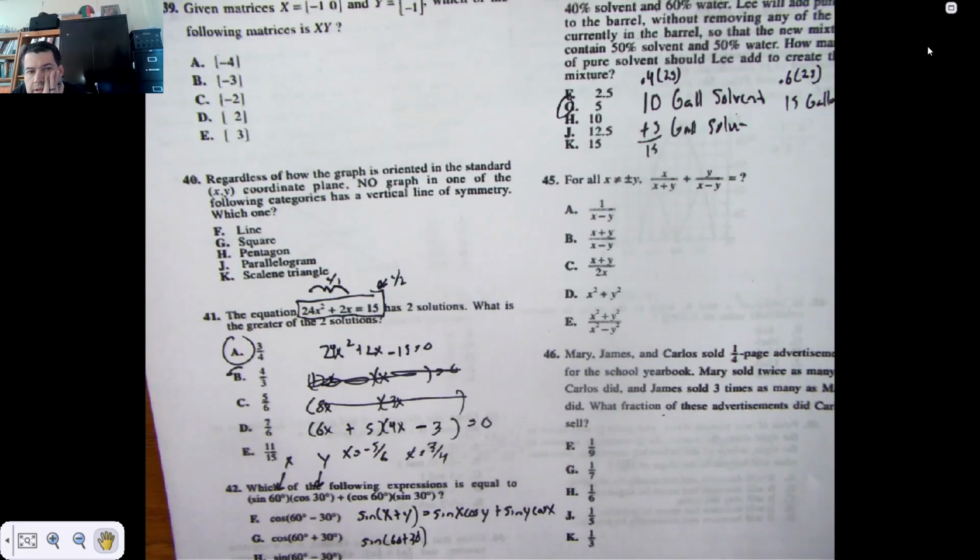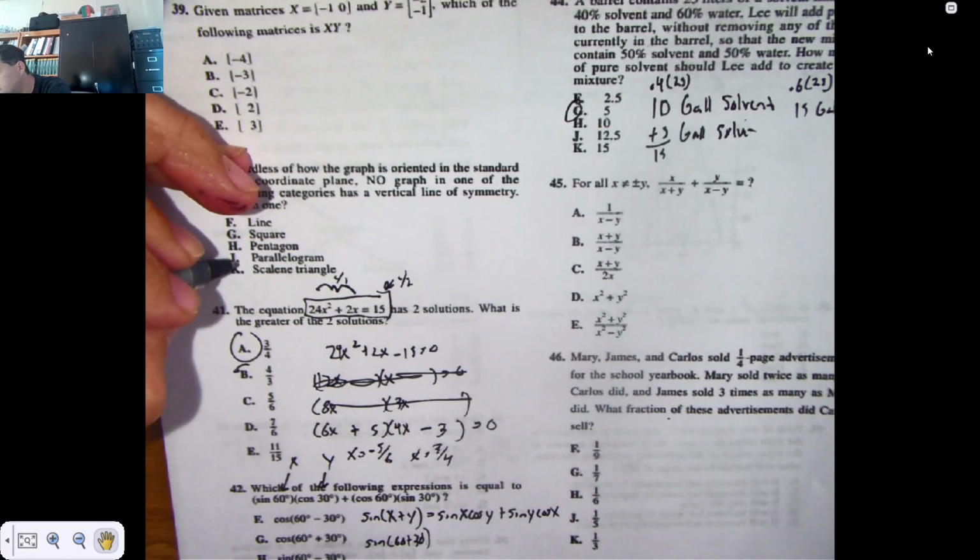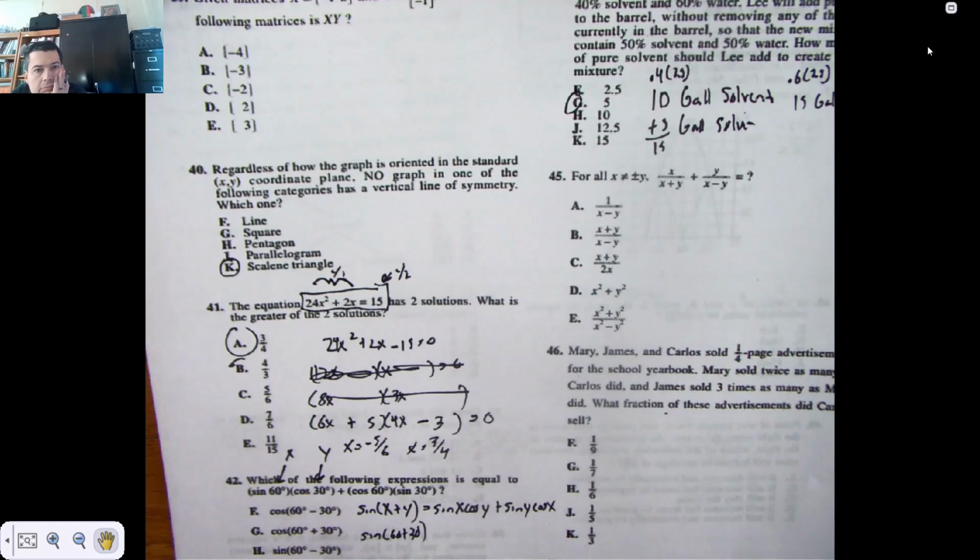They're not specifying it's regular. Parallelogram, they're not specifying it's regular. Scalene triangle means all different sides. They say no graph in one of the categories.